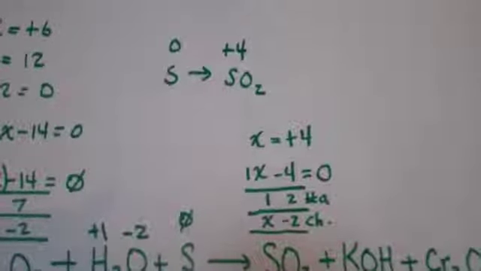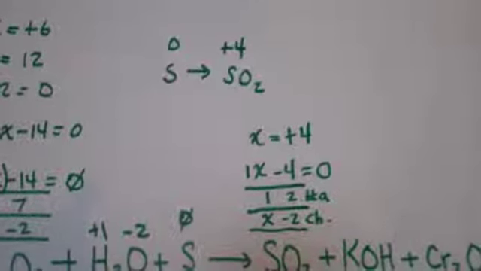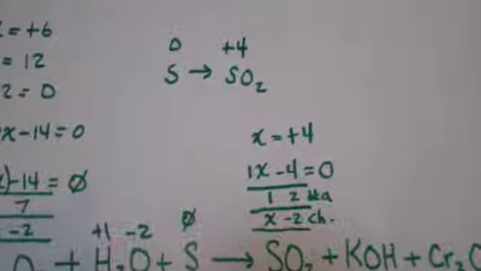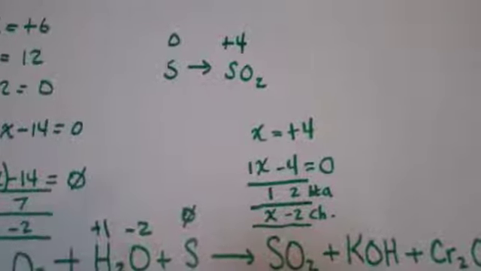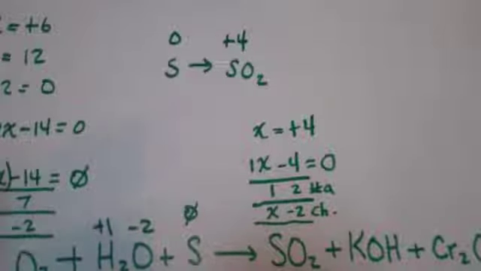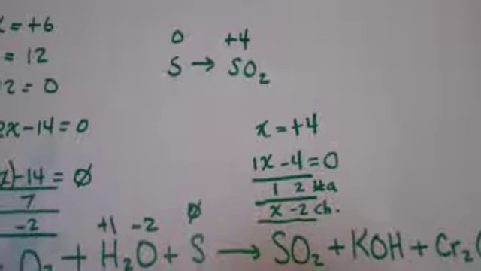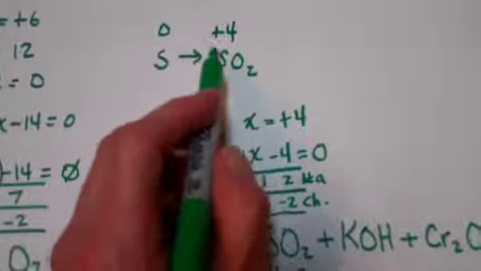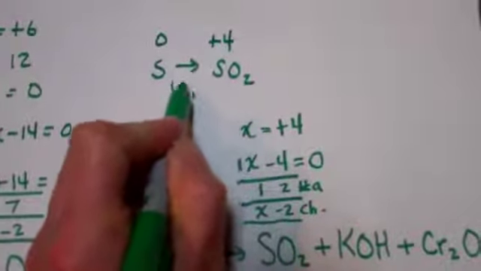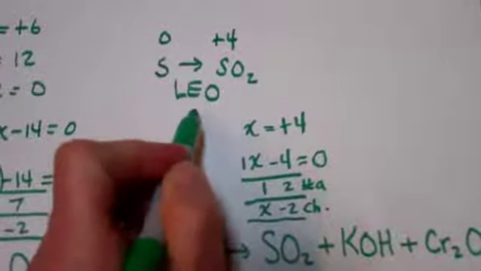So what does that mean about the electrons around that sulfur? Is it losing electrons or is it gaining electrons? Hopefully you said it's losing electrons, because if it loses electrons, it's going to become more positive. And so we know when you lose electrons, you have to be Leo, right? That's the Leo part of the equation.